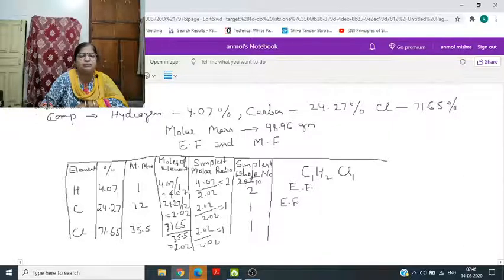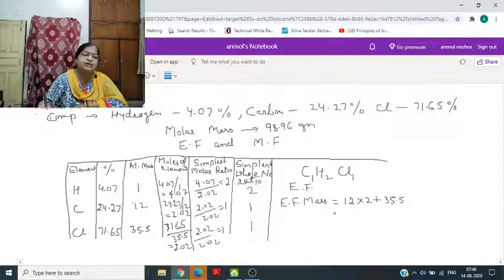Empirical formula mass will be equal to 12 into 1 plus 1 into 2 plus 35.5.